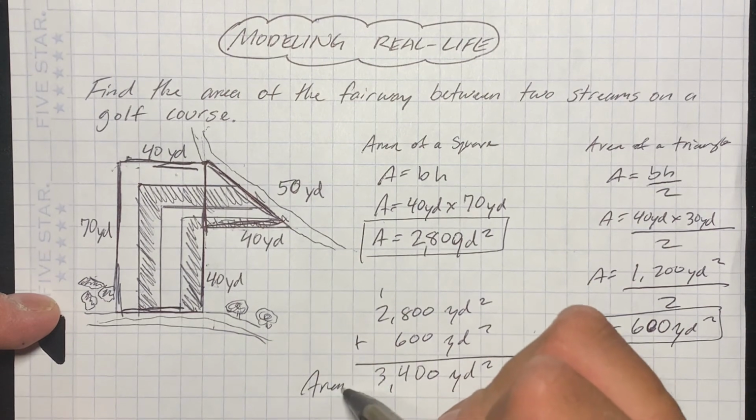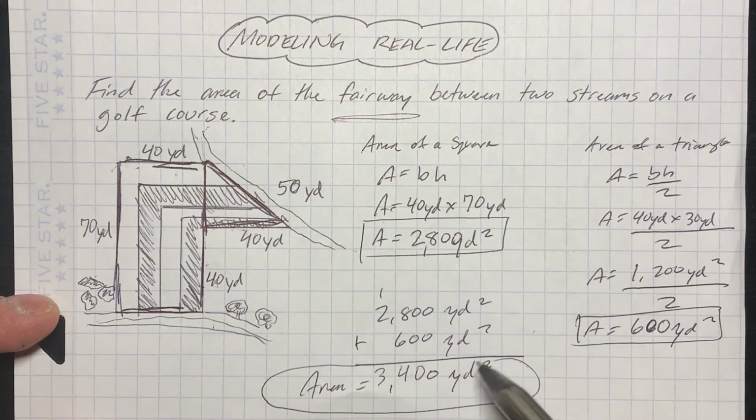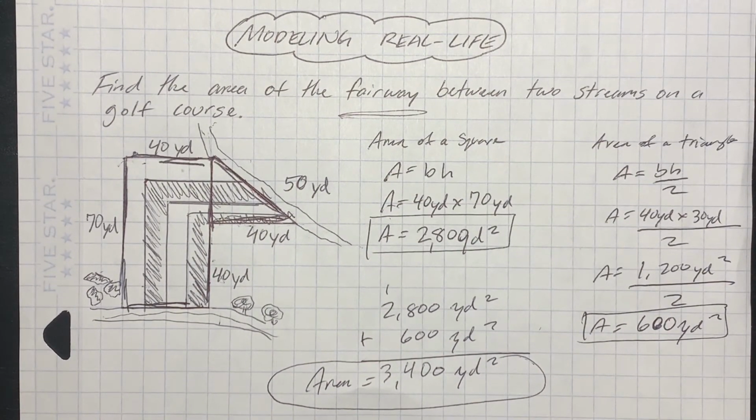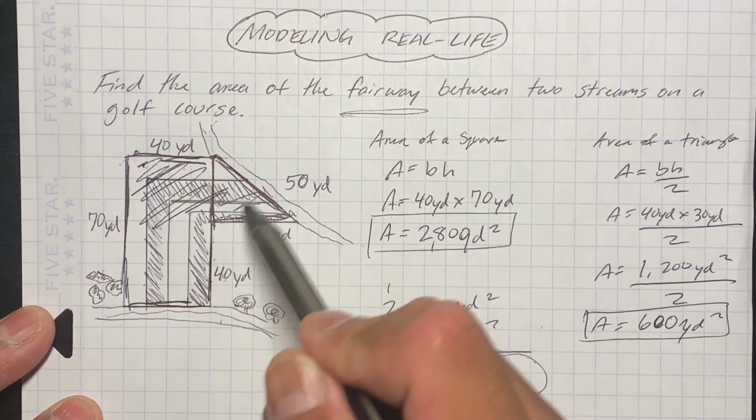So the area of that fairway between the two streams is a total of 3,400 square yards. All this space inside.